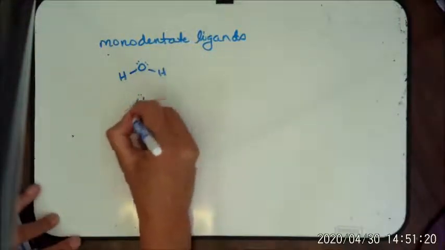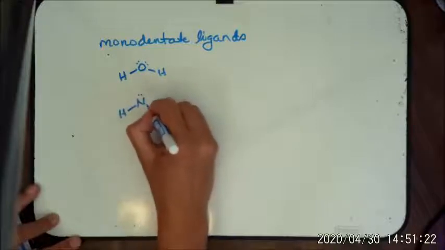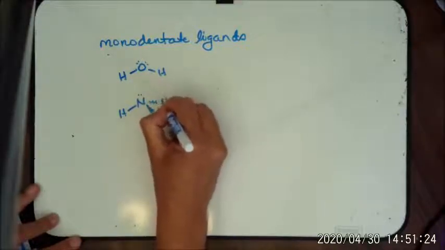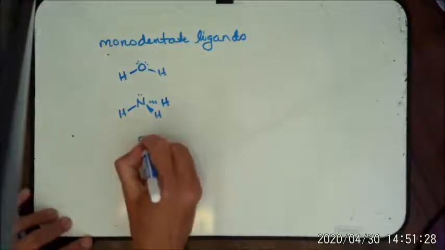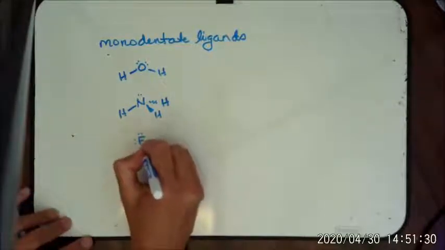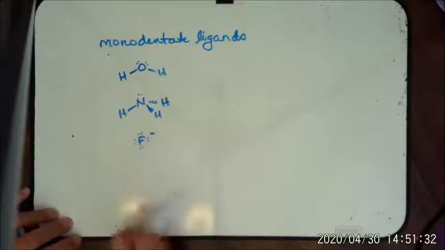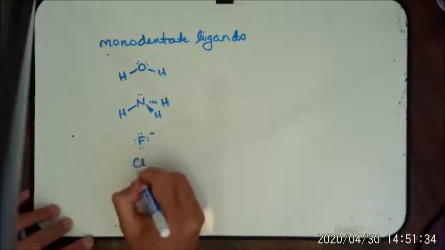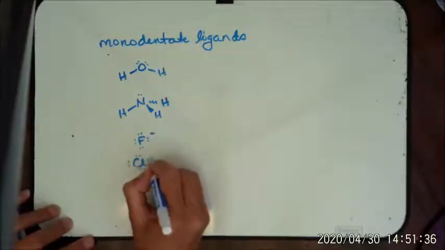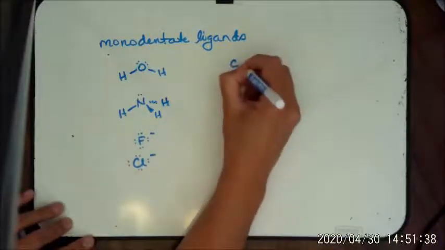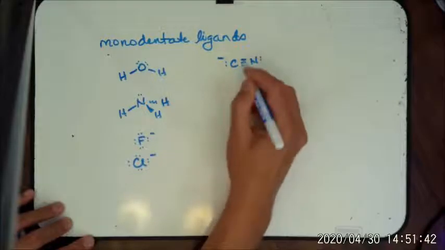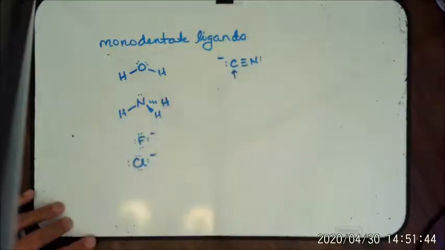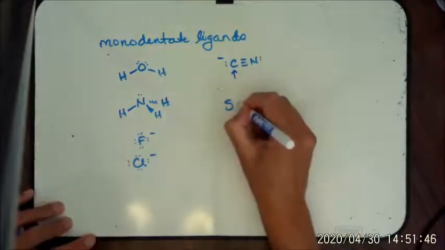Ammonia. And again, nitrogen is going to be my donor atom. Fluoride ion. We saw that with our nickel complex. Chloride ion. Okay. Cyanide. Okay. And that's going to be my donor. All right. And the thiocyanate.